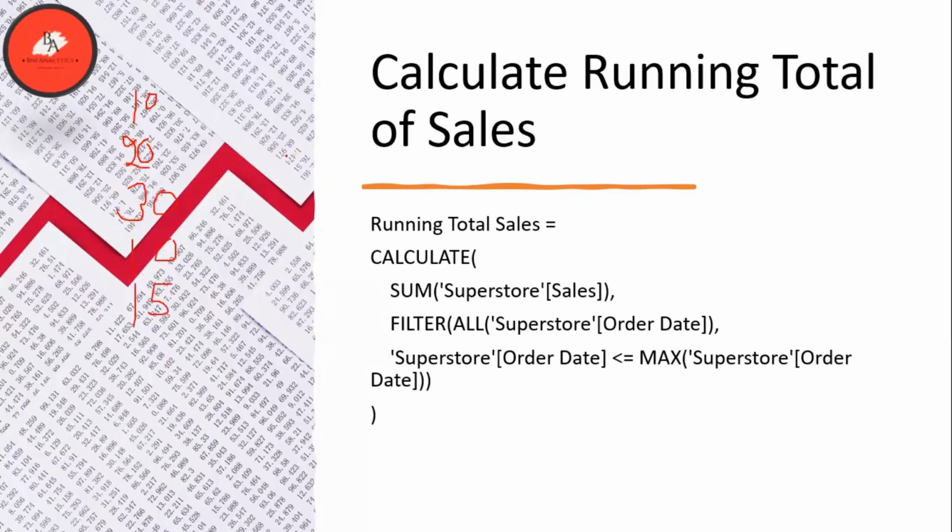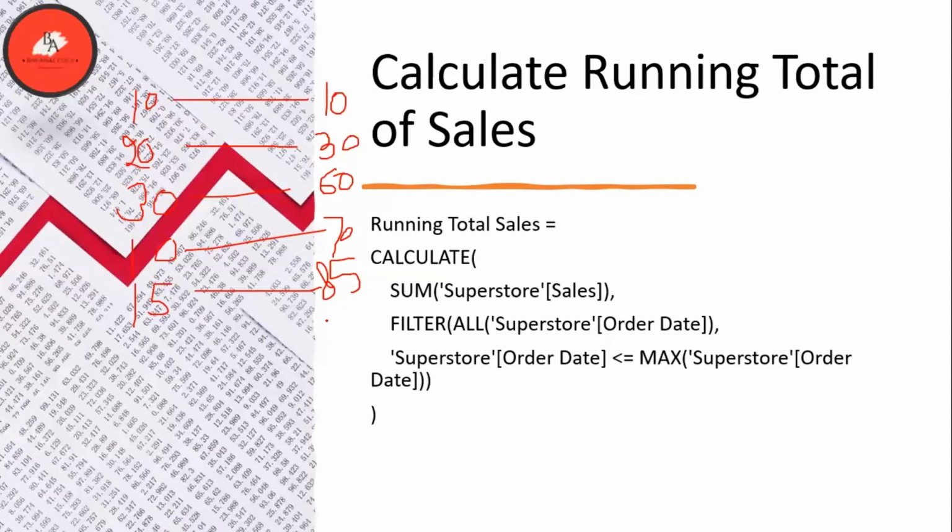So what will the running total be? It will be 10, 30, then here 60, then 70, then 85. This is known as your running total: the previous one is added to the next one.